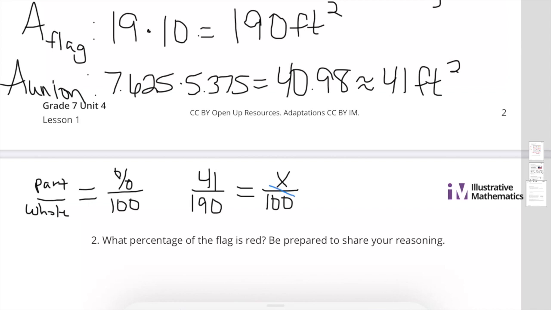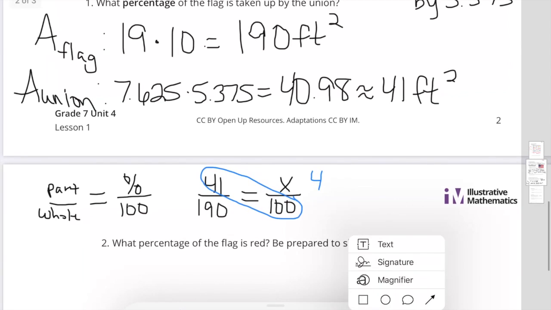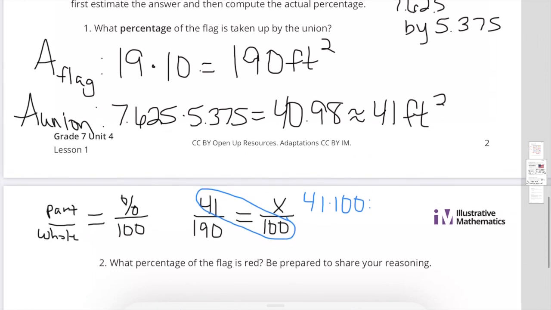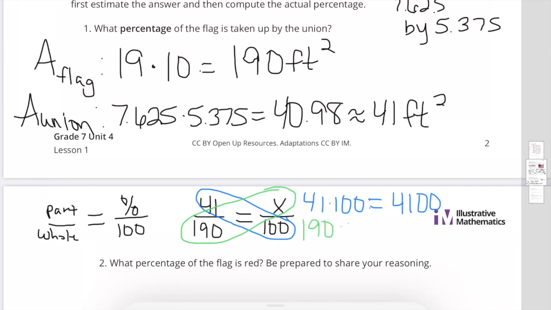So one way to do that would be 41 times 100, which gives us, sorry guys, I don't know why it's being so shaky. 41 times 100 is 4100. And then we have 190 times x.